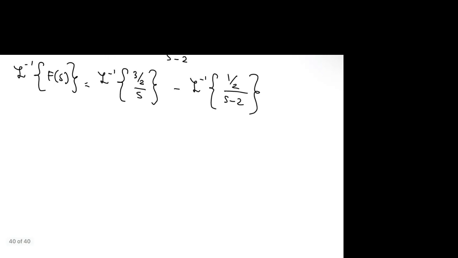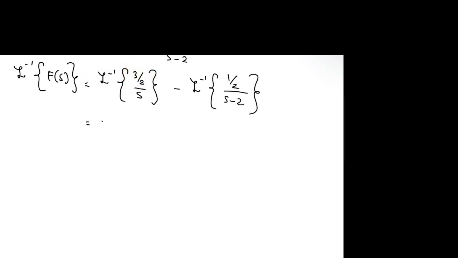So now we want to find the inverse Laplace of F(s). By using the linear property, this is equal to the inverse Laplace of 3 over 2 over s minus the inverse Laplace of 1 over 2 over s minus 2. Next, we have a constant here, so you can pull out the constant outside.